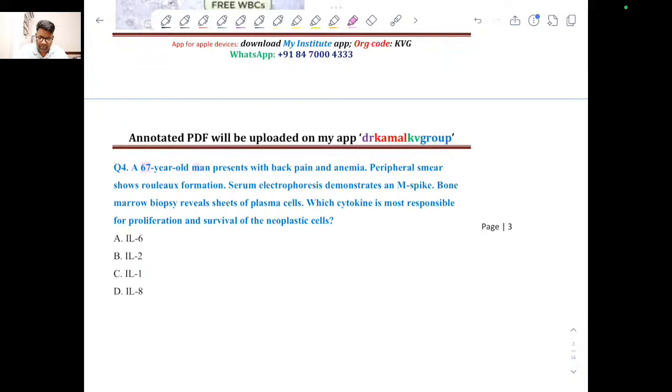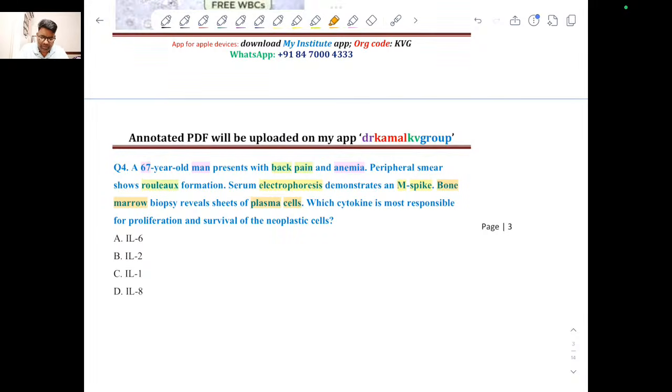An elderly male presents with back pain and anemia. Peripheral smear shows Rouleau formation, electrophoresis shows an M spike, and the bone marrow biopsy shows sheets of plasma cells. The moment you have this many keywords, I think all of you can understand what condition this is.